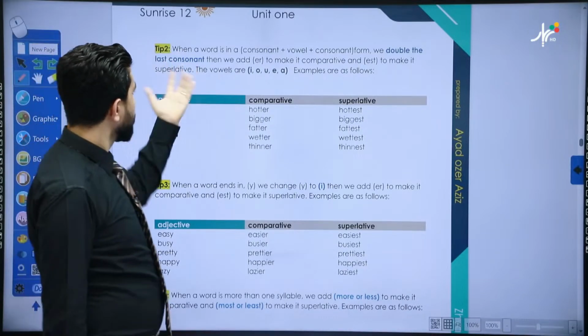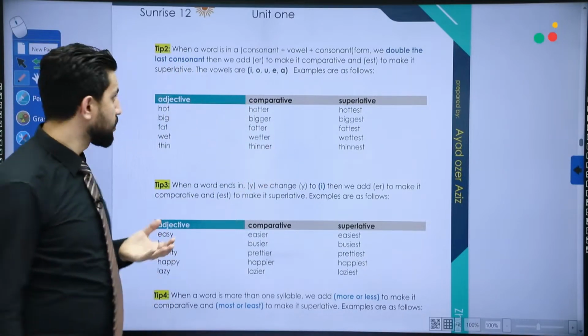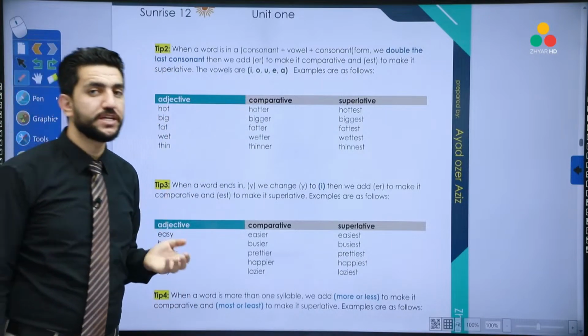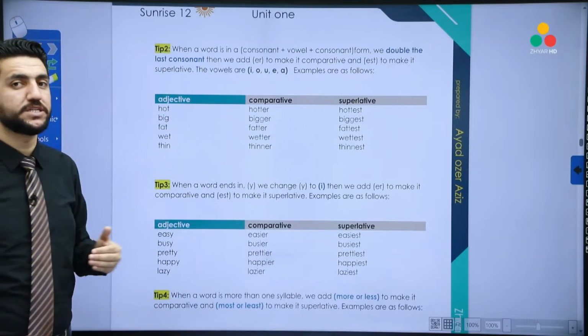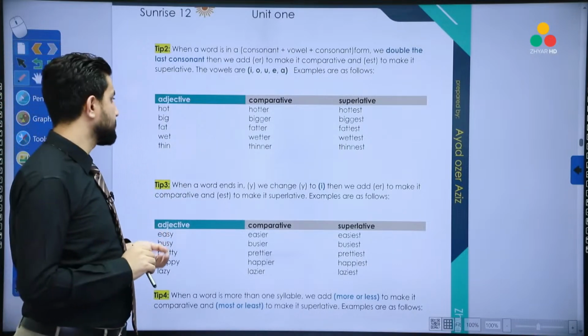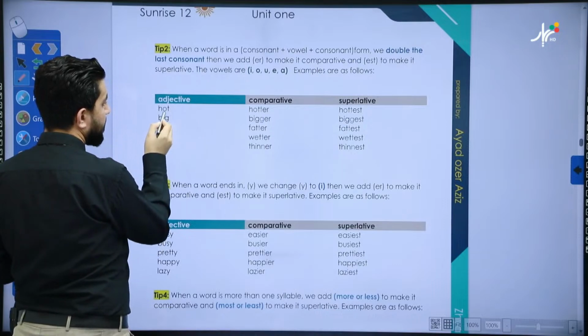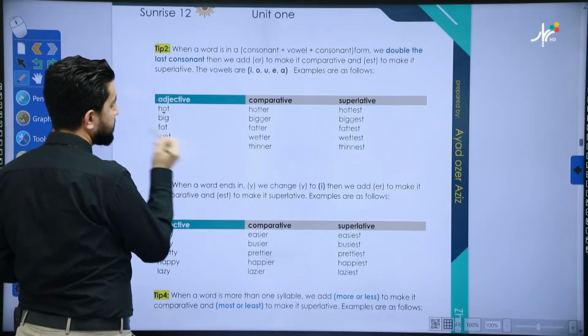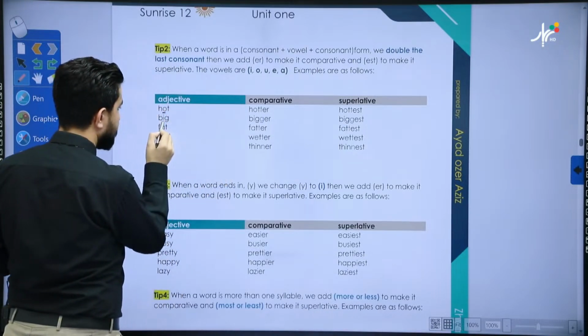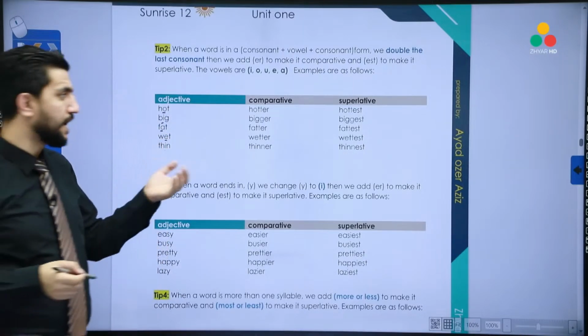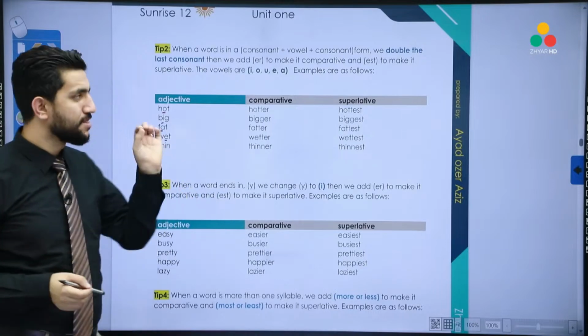When a word ends with consonant, vowel, consonant, we double the last consonant, then we add ER to make it comparative and EST to make it superlative. So look at the word hot: it ends in CVC, consonant, vowel, consonant. So before the last letter is a vowel, in this case we double the last letter.